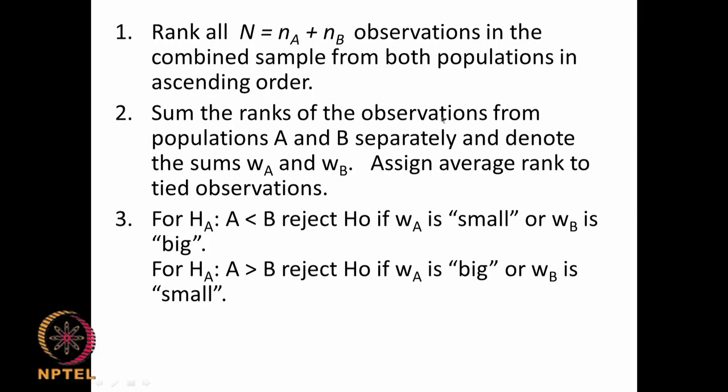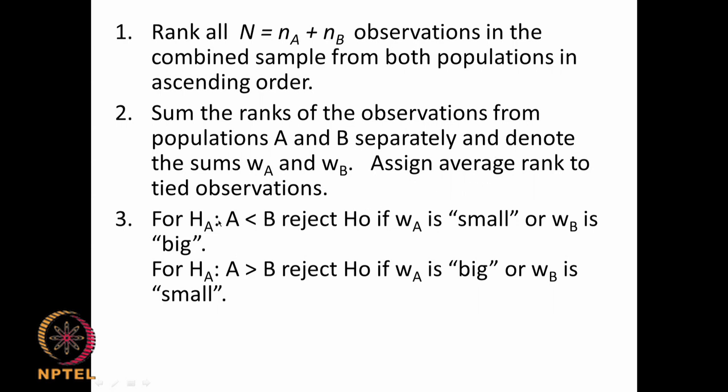Then sum the ranks of the observations from population A separately, that will be called WA, sum the ranks of population B, that will be called WB, assign average rank to the tied observations. Suppose I have a data 16 in population A and I have another data 16 in population B, what do I do? I will add 2 ranks, divide by 2, that is called the average rank.